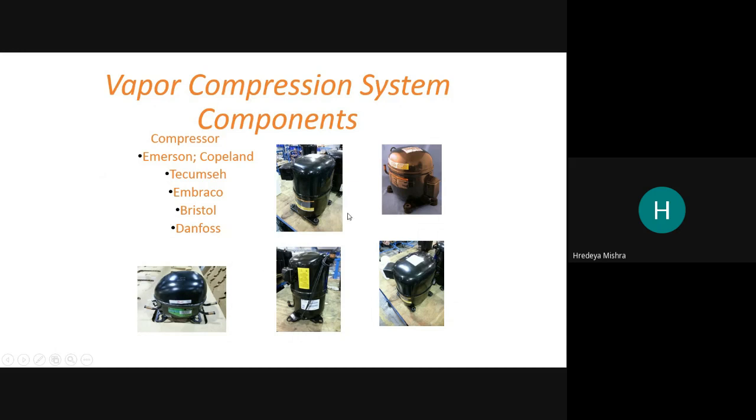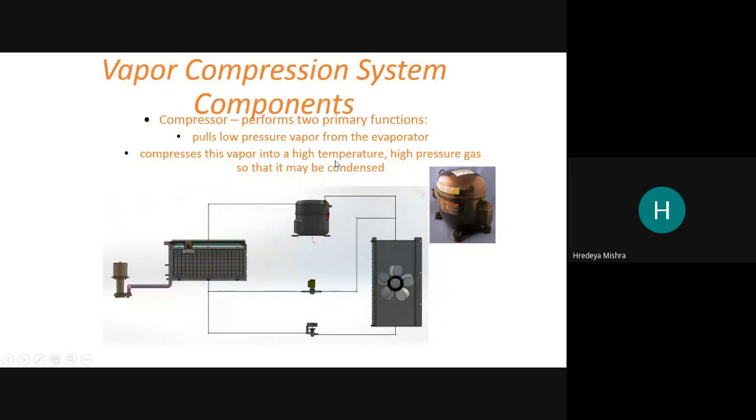These are the components which are utilized. The compressor performs two primary functions: it pulls low pressure vapor from the evaporator, and compresses this vapor into high temperature, high pressure gas, so that it may be condensed.